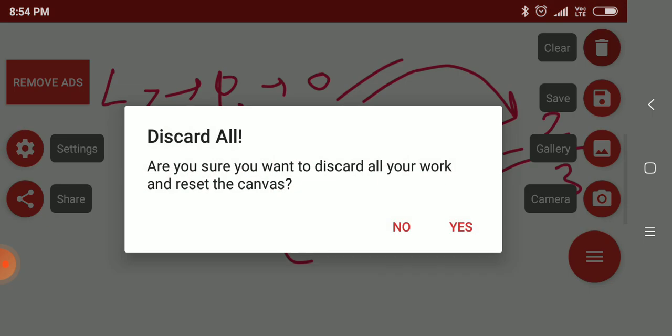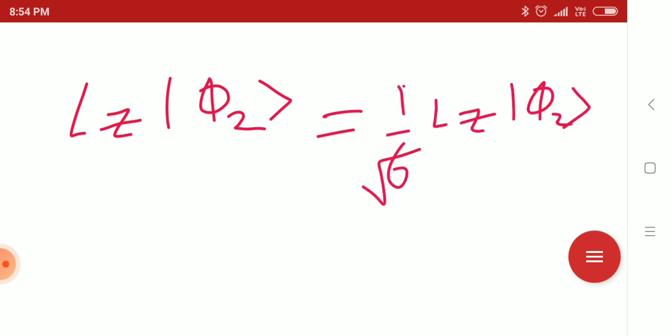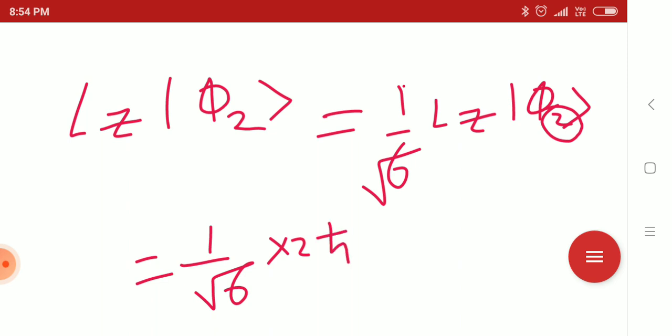Similarly, whenever Lz is acting on phi 2, what was that coefficient? 1 by root 6 into Lz into phi 2. That means the m value is 2, so 1 by root 6 into 2 h cut into phi 2.